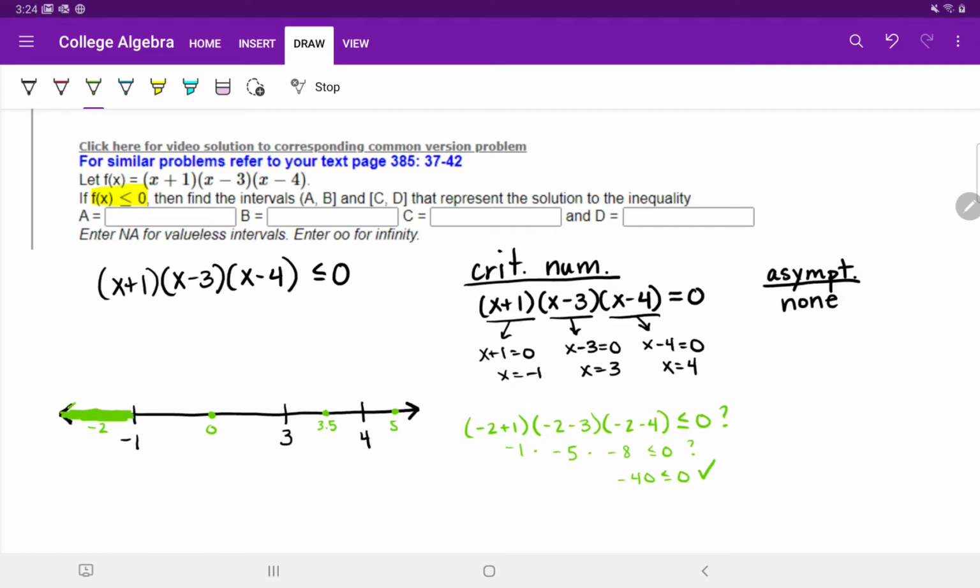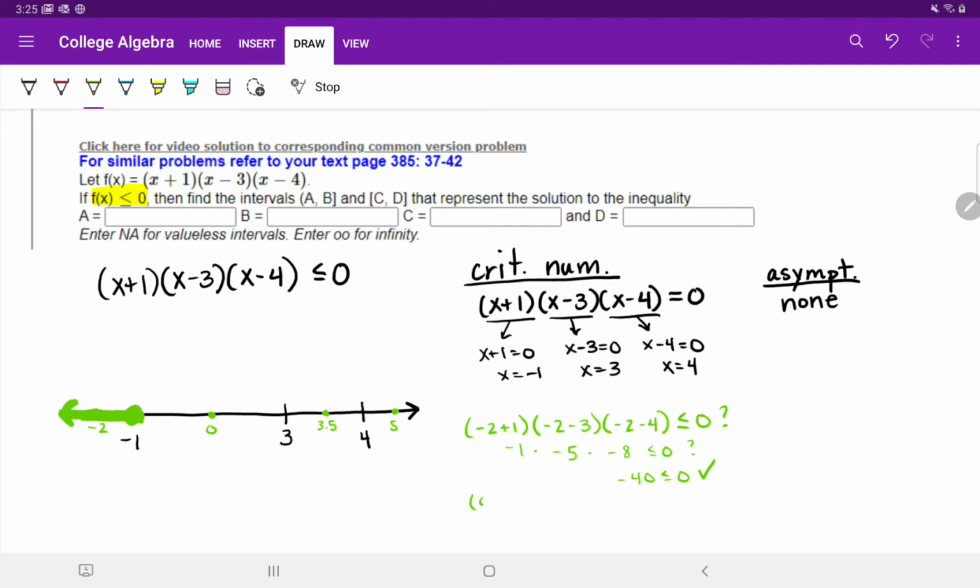Everything in this interval. Now what about at the point -1? Our inequality says less than or equal to 0. So at this point where -1 is equal to 0, that will be included in my interval. Moving on to the next value, we're going to plug in 0 as our test point.